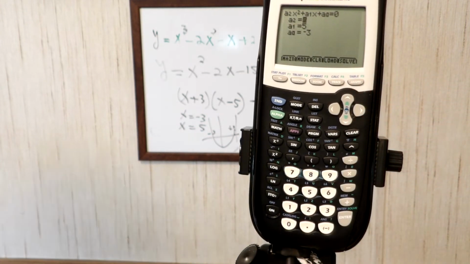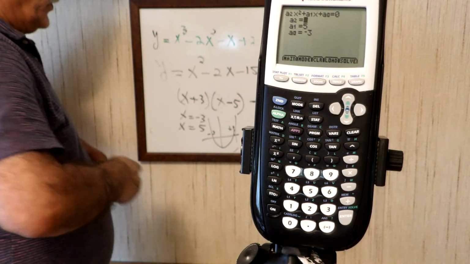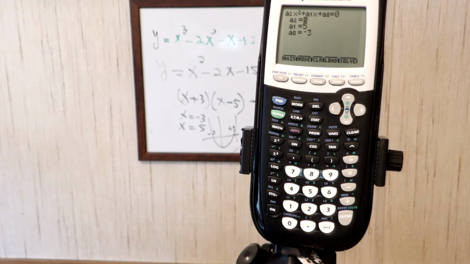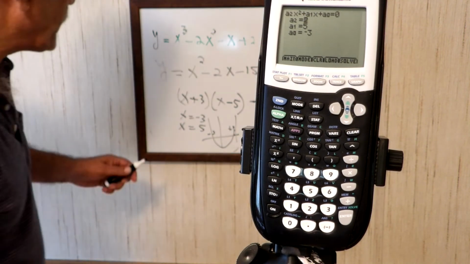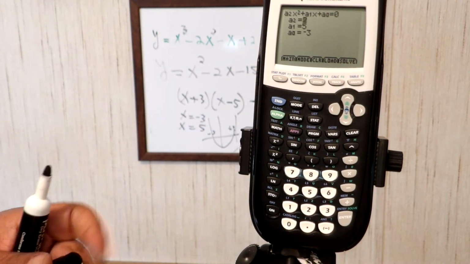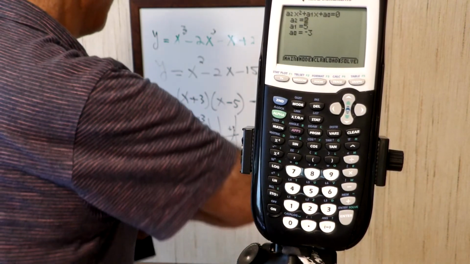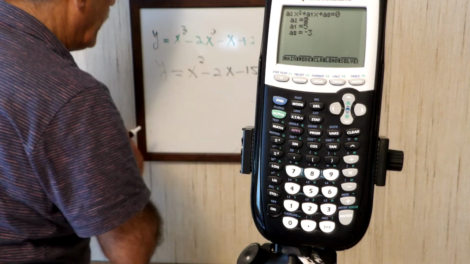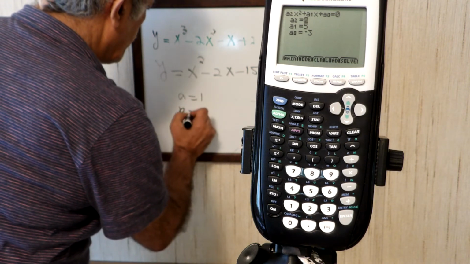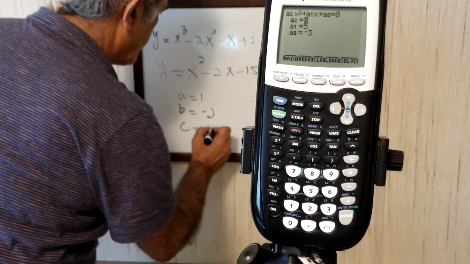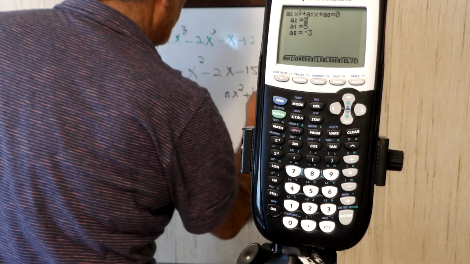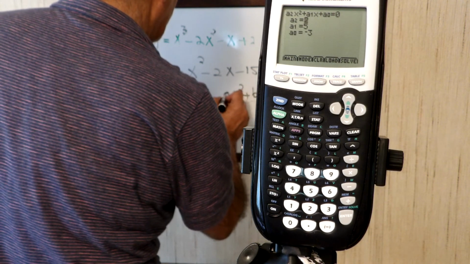It asks you for the A, B, C and D. A is equal to 1, B is equal to minus 2, C is equal to minus 15, because of the general form ax squared plus bx plus c. A here is 1.